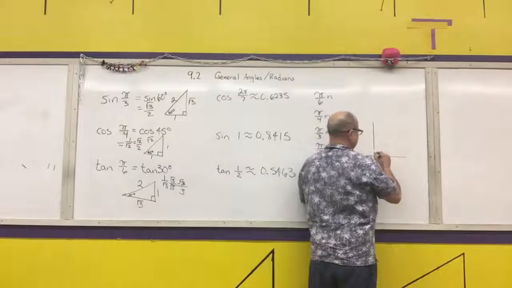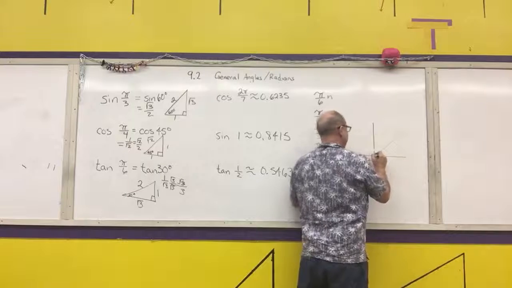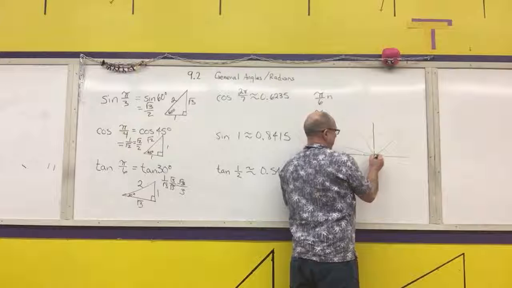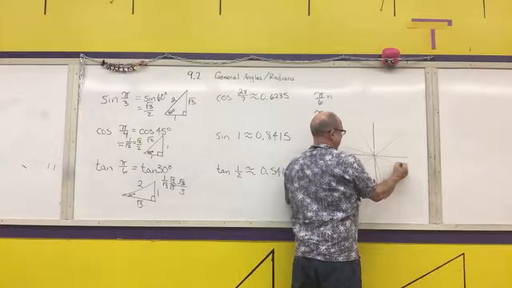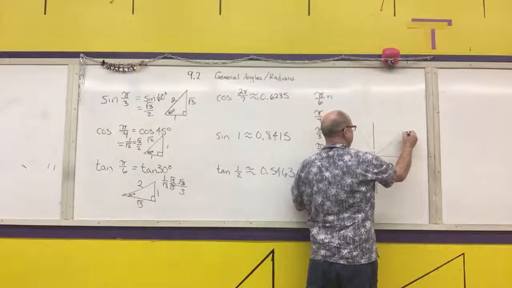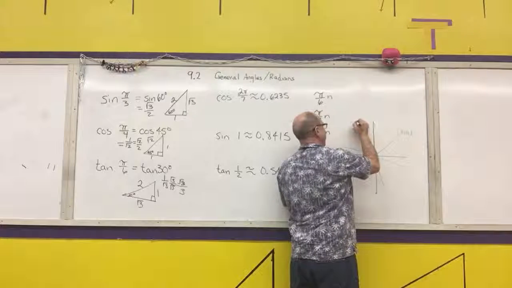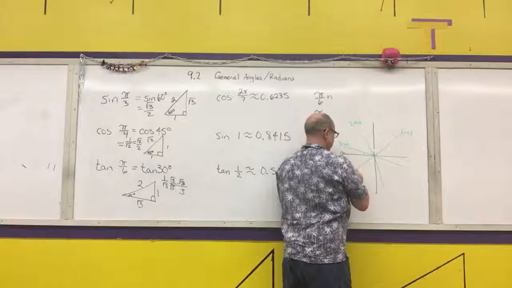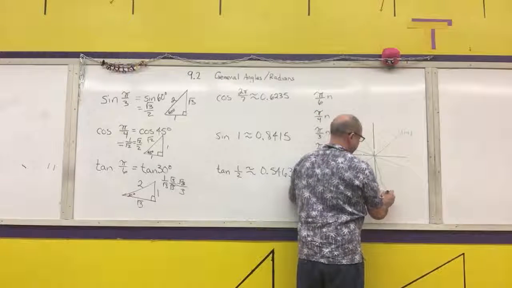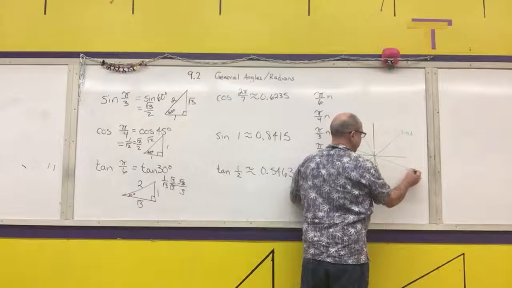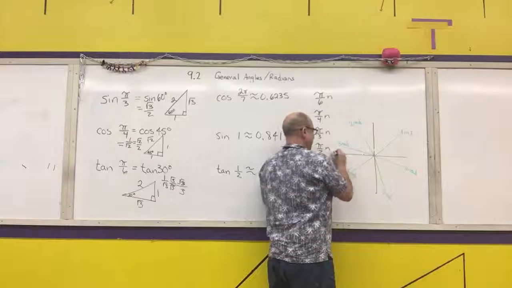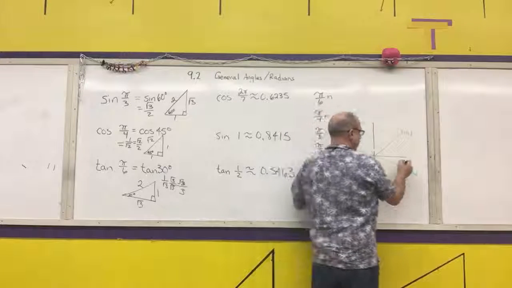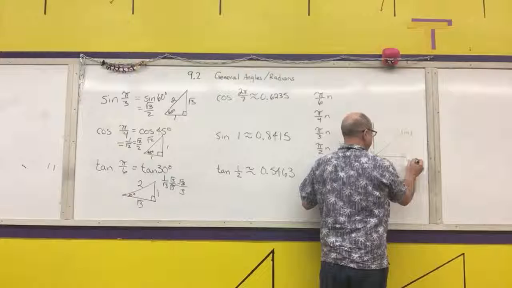So let's look at this. 1, 2, 3, 4, 5, 6. 1 radian, 2 radians, 3 radians, 4 radians, 5 radians, 6 radians. This is approximately 3.14 radians. This is approximately 6.28 radians.